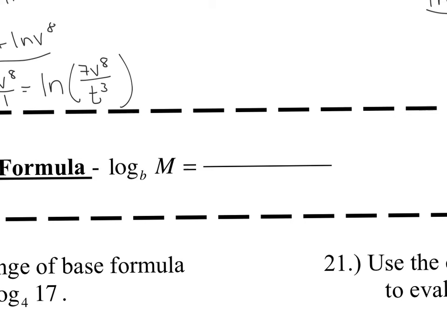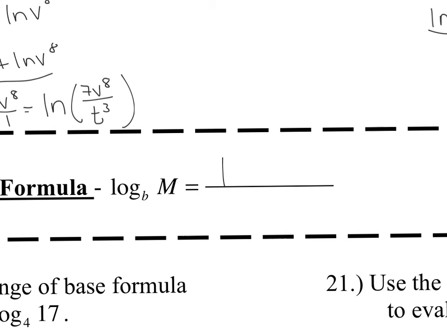So the way that we do this is we take the log of m and you divide it by the log of b. The way that you can remember it is the base, the b, is in the basement of the denominator. So you always divide by the log of whatever the base is.